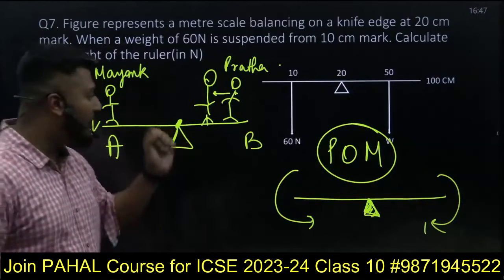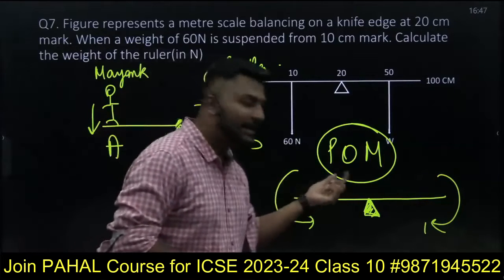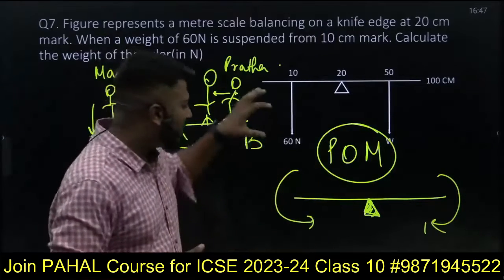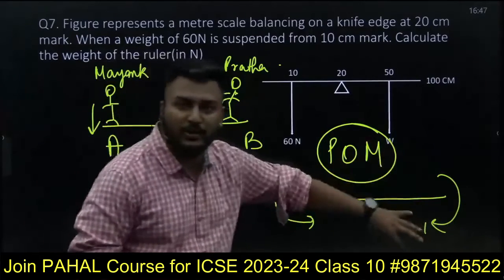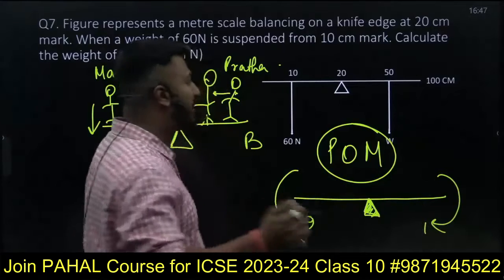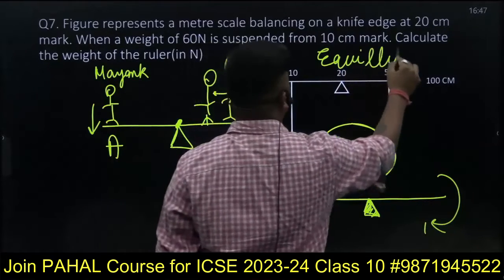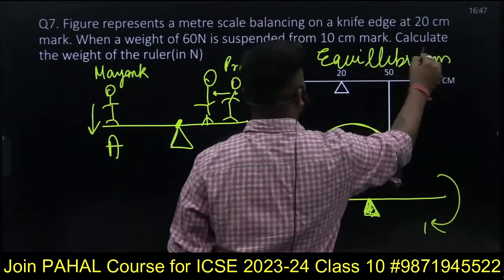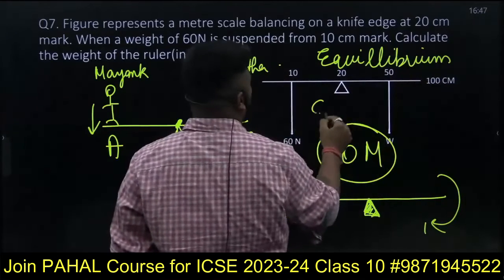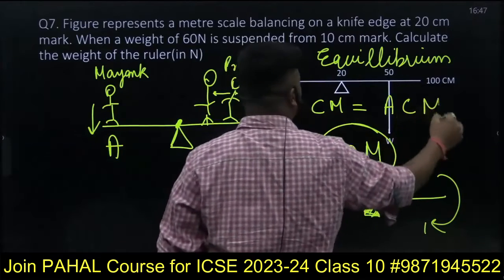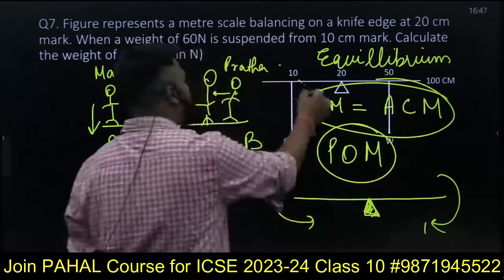So in order to be in the state of equilibrium for any object, the clockwise moment should be equal to the anti-clockwise moment. So at equilibrium, the clockwise moment will be equal to the anti-clockwise moment. So this is very important.